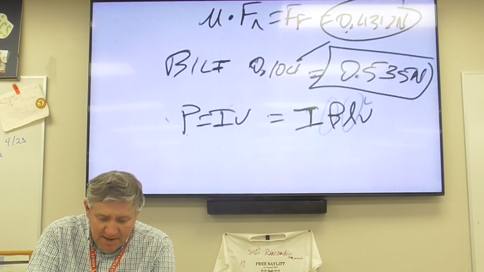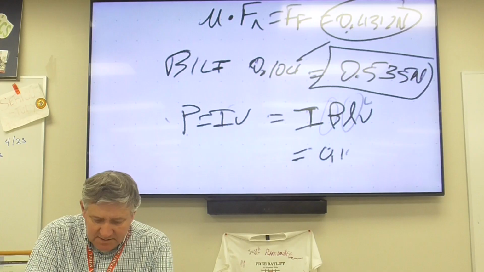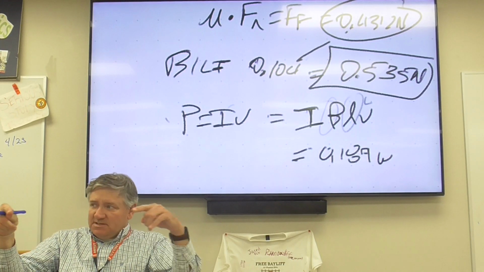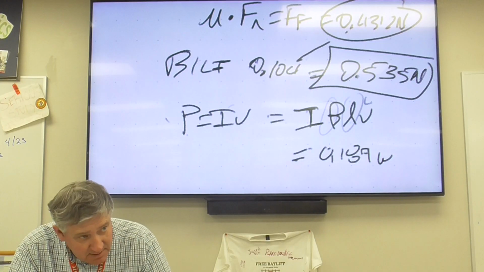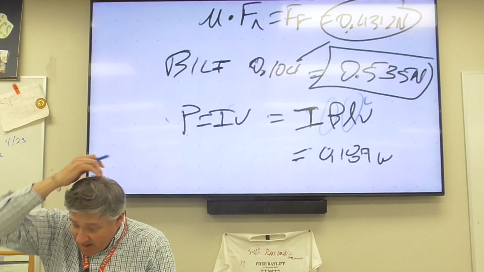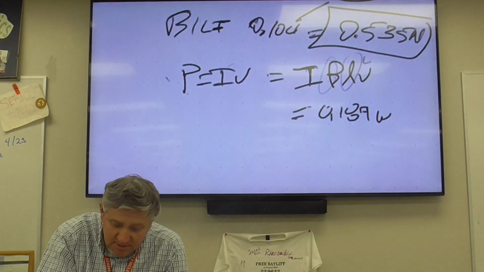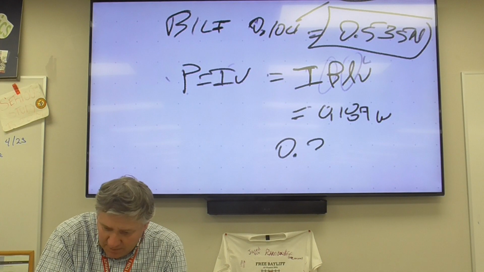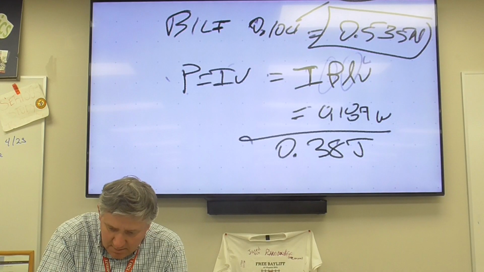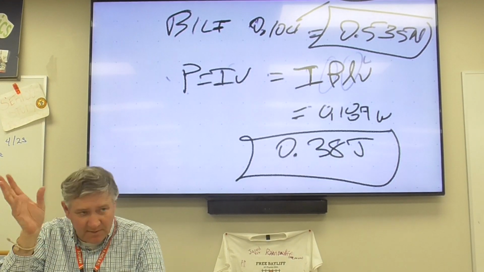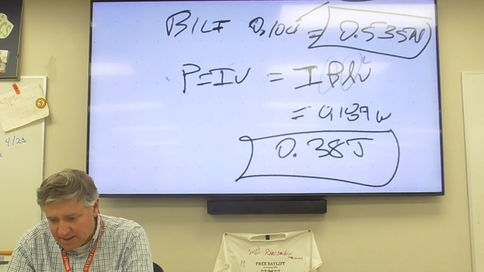If you do all that math, you get 0.187 watts. But that's watts, which is joules per second, and you've got 2 seconds, so you multiply that by 2 and get a total of 0.38 joules. So that's the main part that you need to know.